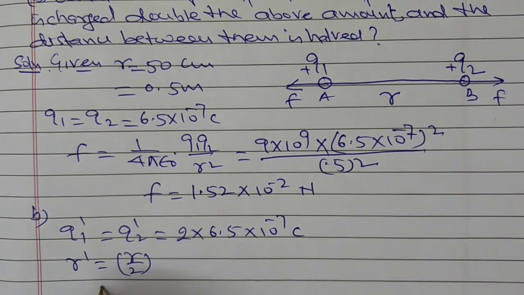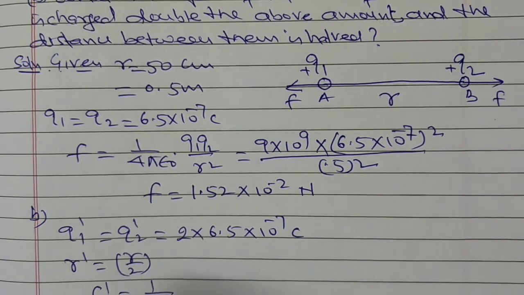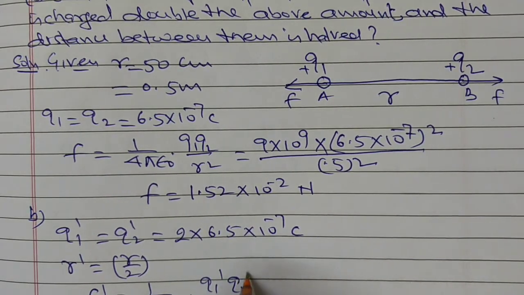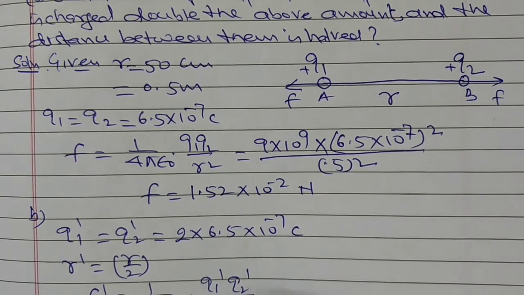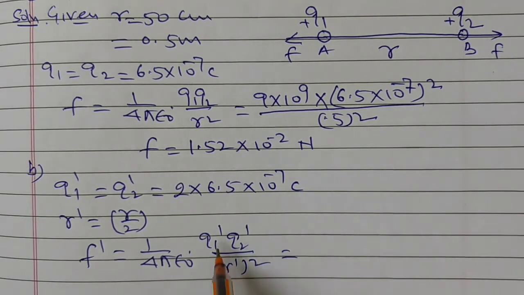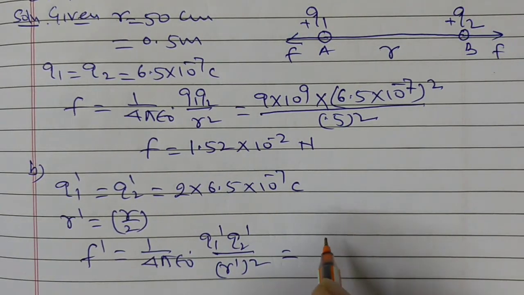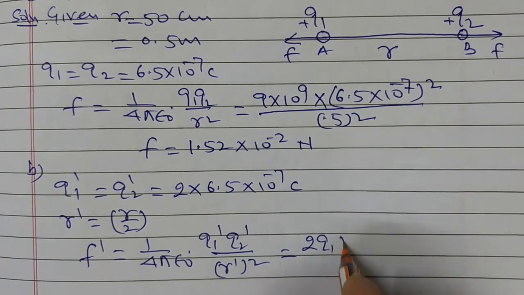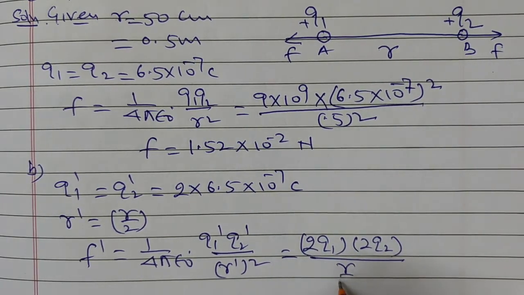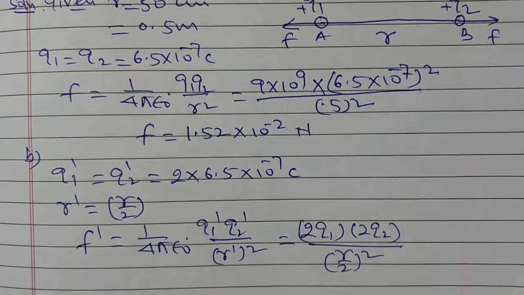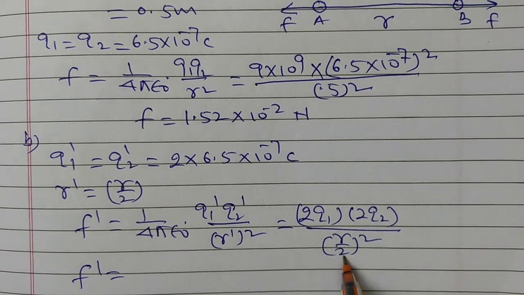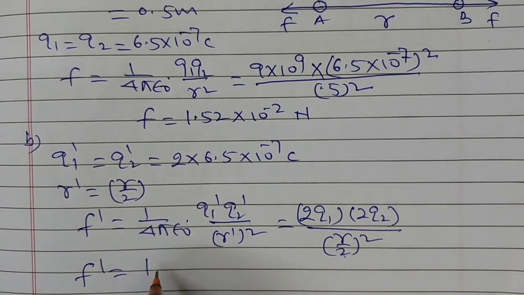Now we know that this F dash is equal to 1/4πε₀, this Q1 dash × Q2 dash upon this R dash square, right? Now Q1 और Q2 डबल कर दिए हमने, therefore this is 2Q1 × 2Q2 divided by this R/2 whole square, or this can be written as F dash is equal to 2 to the 4, and this again here 4, so this is 16.